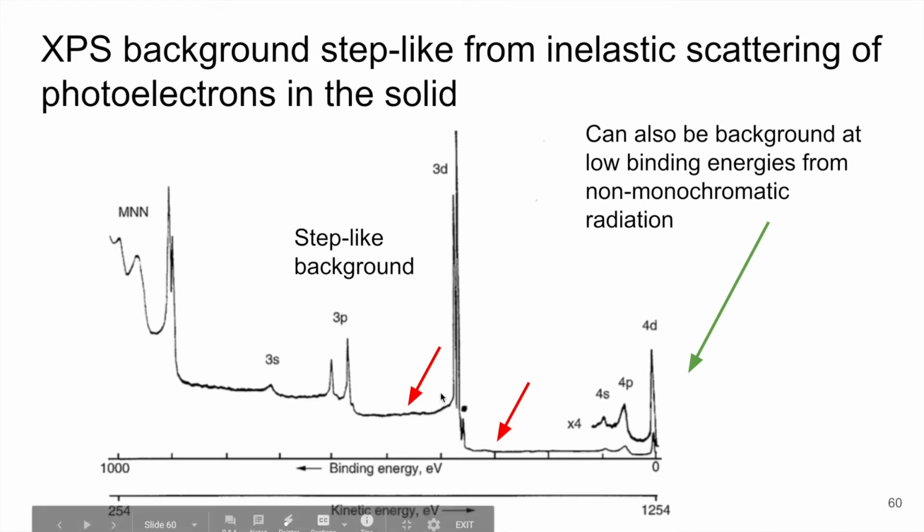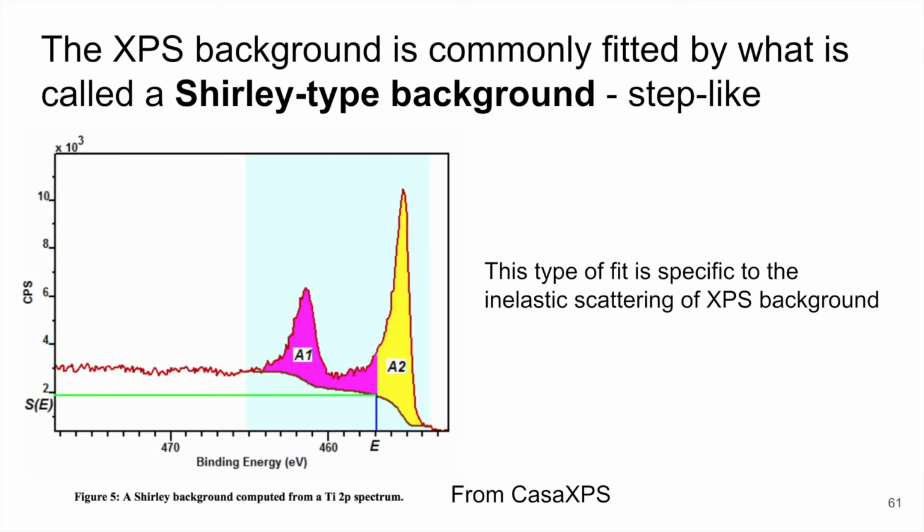So that's the cause of this. And we also have background at the low binding energies. We can have that from non-monochromatic radiation. So if there's an issue with that not being one wavelength, then that can also be the issue there.